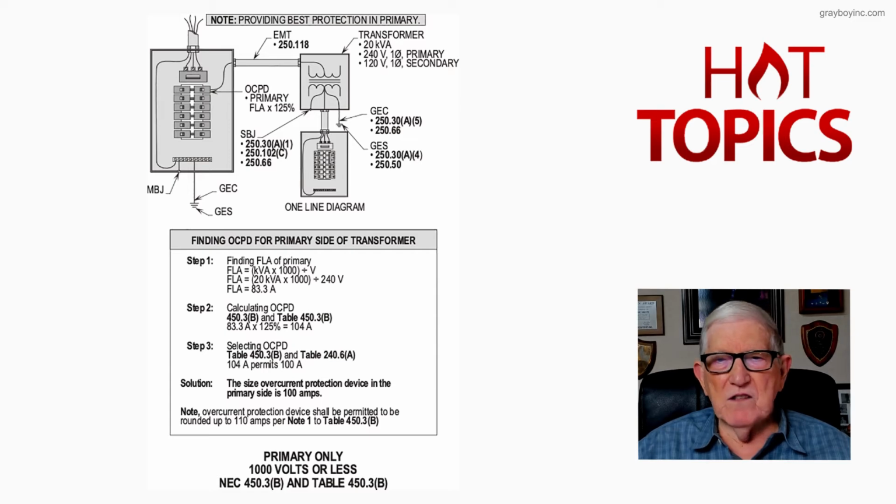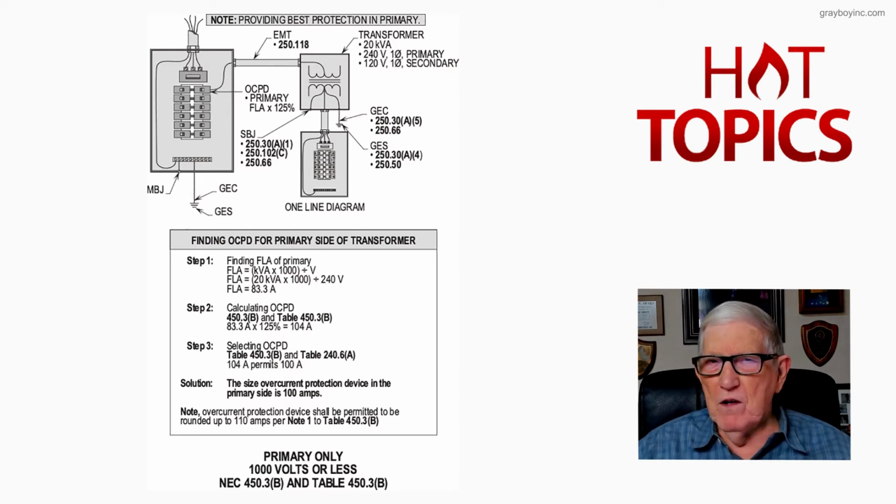That's the peak current. For the inrush current, it would be 754 divided by the full load current of the transformer in step 1, which was 83.3, and that would equal about 9 times the full load amps of the transformer.